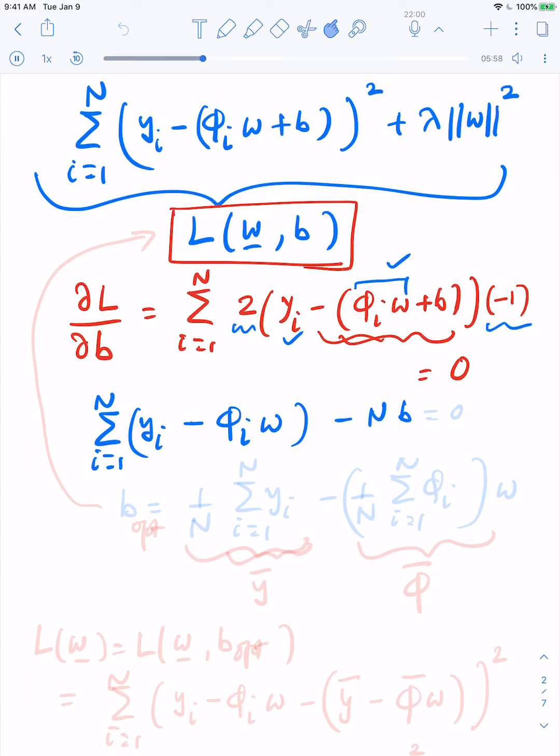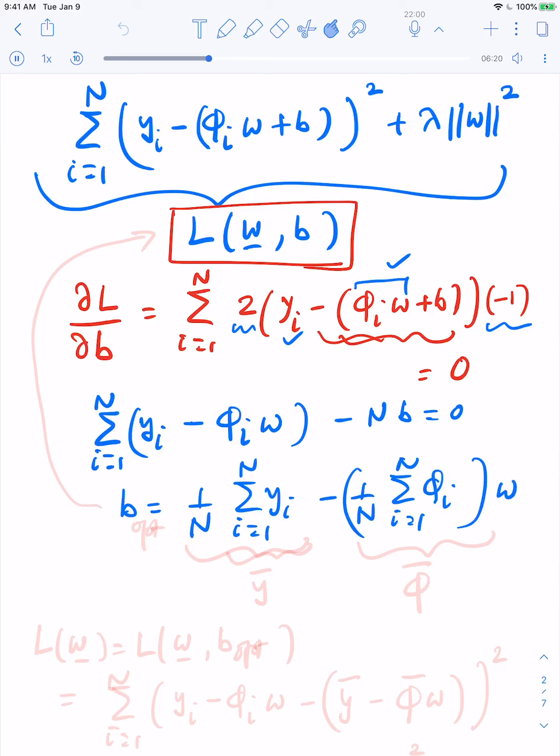Minus n times b is equal to 0, and so when I take it over to the other side, I get b is equal to 1 over n summation i equals 1 to n yi minus 1 over n summation i equals 1 to n phi i times w.